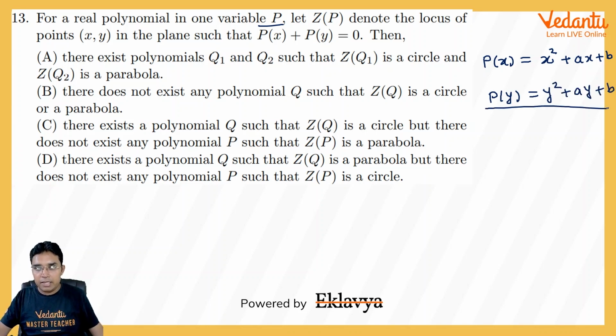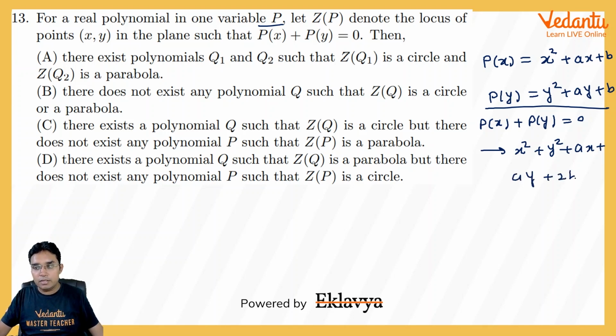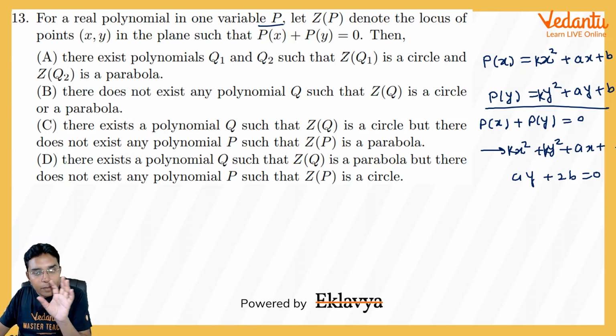Now if we add these two and I equate them to 0, you can see it becomes equation of a circle, isn't it? x square plus y square plus ax plus ay plus 2b is equal to 0, which is the equation of circle. If leading coefficient was different also, maybe you could have taken k here, then you will have k here also. In that case also you can check, it will represent a circle.